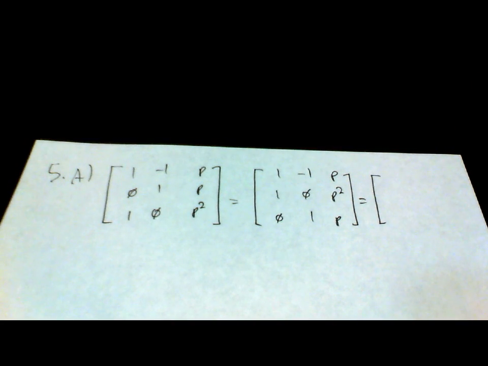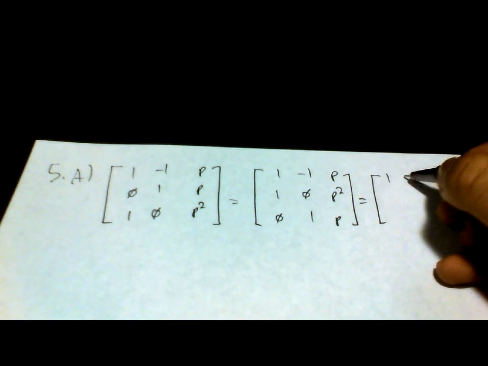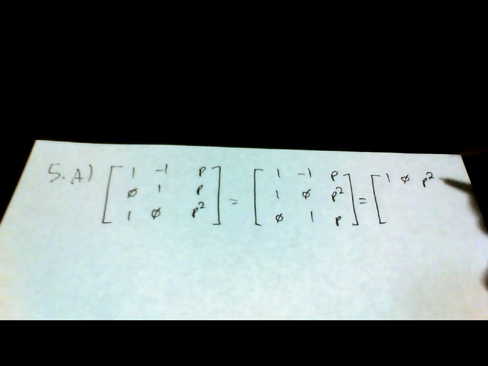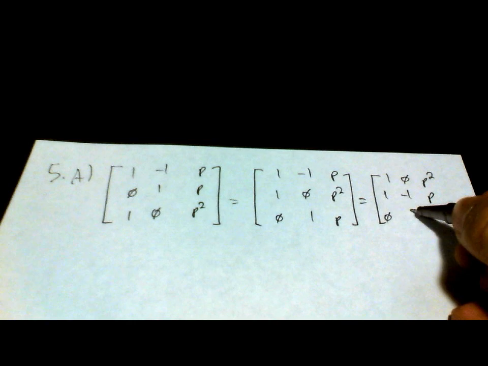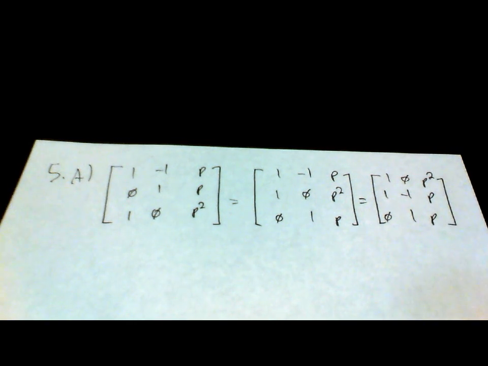And then I'm just going to switch some rows around again. Get 1, 0, P squared up here. I get 1 over here, and 0, 1. There. So that's after we switch around a little bit.